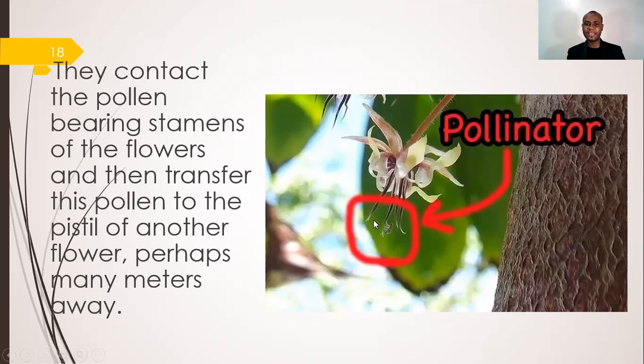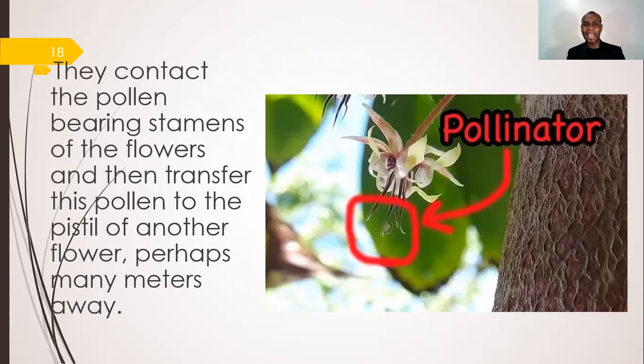From here, they fly to another tree, and as they sit, they are able to travel over to the style or the pistil, and they release the pollen grains on the female part of the flower.